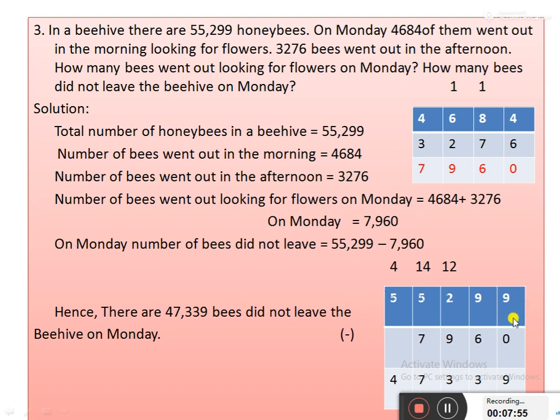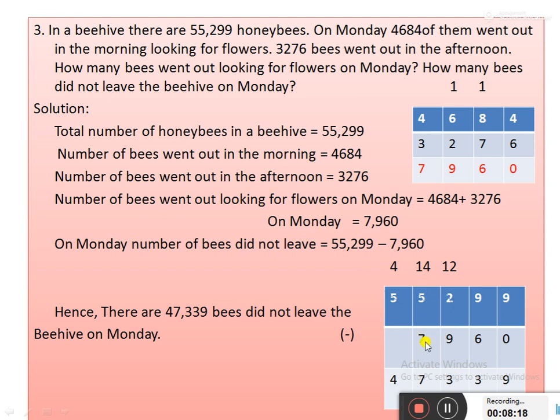9 minus 0 is equal to 9. 9 minus 6 is equal to 3. 2 minus 9 we cannot do the subtraction because 2 is the smaller number. So we borrow 1 tenth from the neighbor. So 2 will become 12. 5 minus 1 is equal to 4. 12 minus 9 is equal to 3.